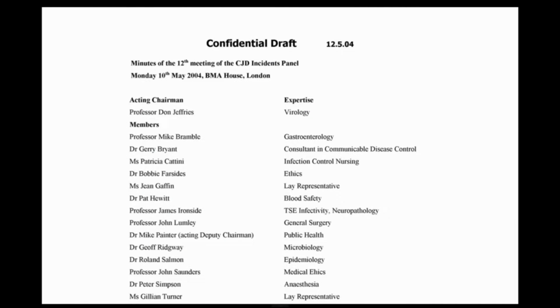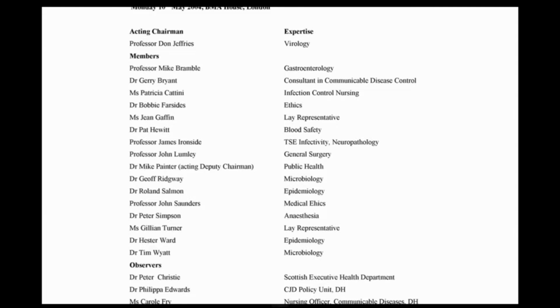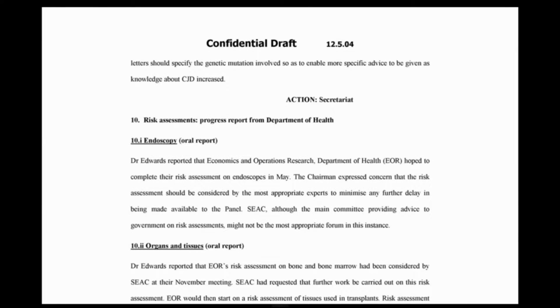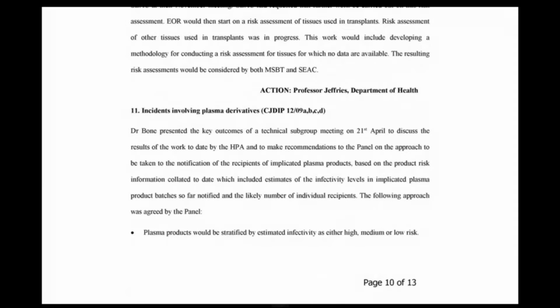Here we can see a meeting 12th of May 2004, and some of the way down the page is your name as a member and attending that meeting. Can we please turn to page 10? We can see down at paragraph 11 at the bottom there, incidents involving plasma derivatives.